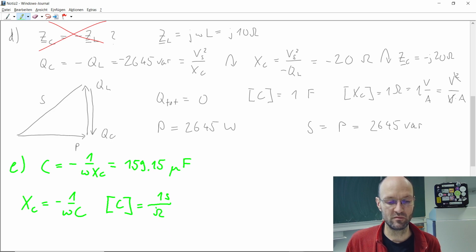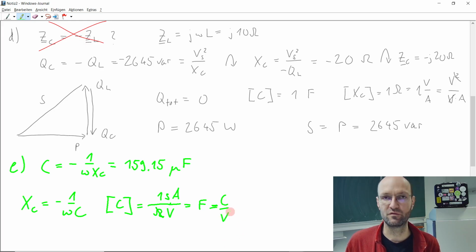And ohm, as we have noticed here, can be rewritten as volt divided by ampere. And then we get ampere seconds divided by volt, and ampere seconds divided by volt is the same as farad, because it's also the same as Coulomb divided by volt.